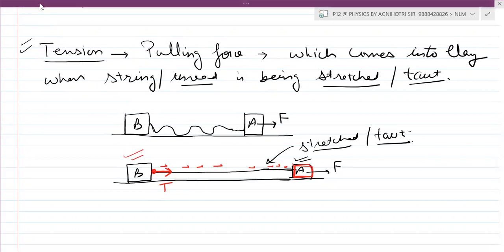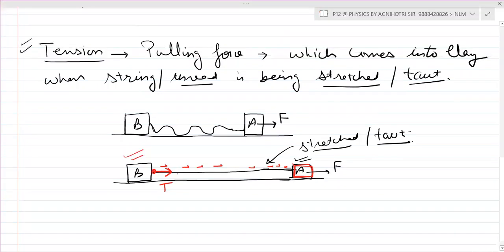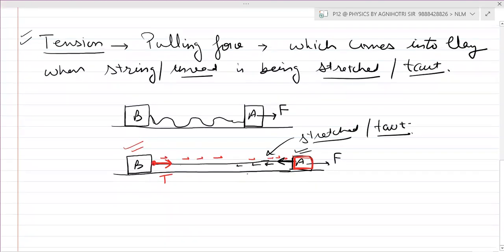So in the similar way, if you talk about the B, that's for sure, B is not going to change its inertia. So B will definitely pull this thread in this direction. B will not allow itself to move in this direction. So it will pull up this B towards itself, right? You see the arrow now. Now you can see this black arrow, I have drawn the red arrow.